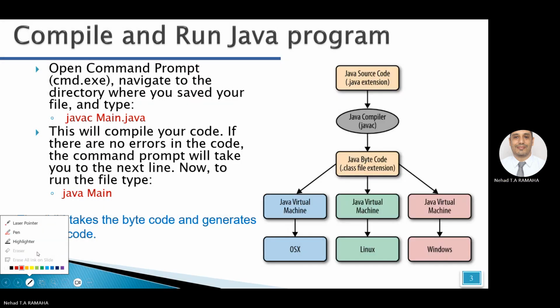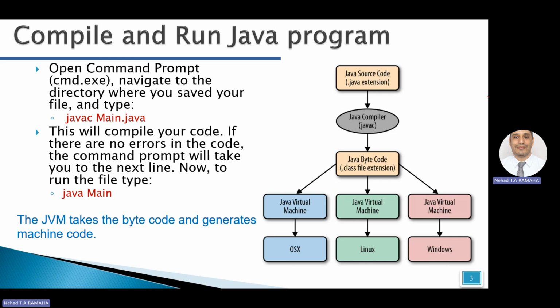So we mentioned that the Java compiler takes the Java source code, then compiles it, and it gives us a file.class, which is Java bytecode. So it's in the middle between the source code and the machine code.